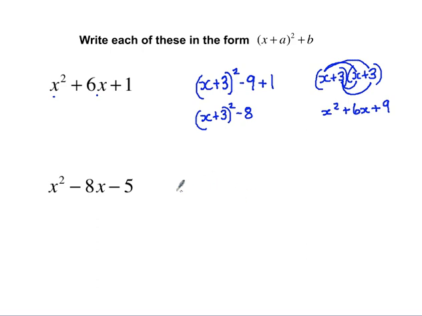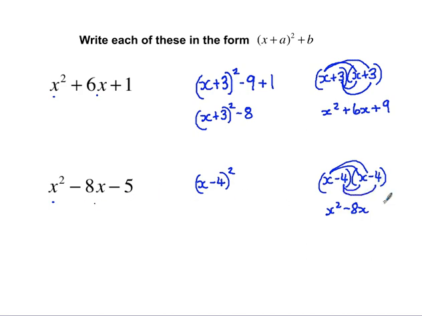And again with the bottom one, we can begin by halving the coefficient of x in the middle there to get x minus 4 all squared. But when I expand x minus 4 all squared, I'm going to get x squared minus 8x, which is what we're after from over here.